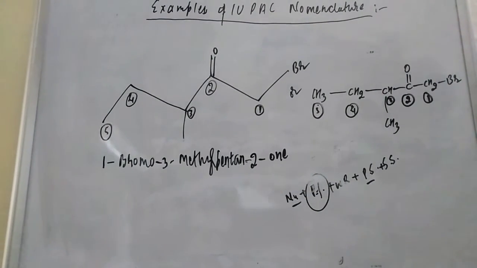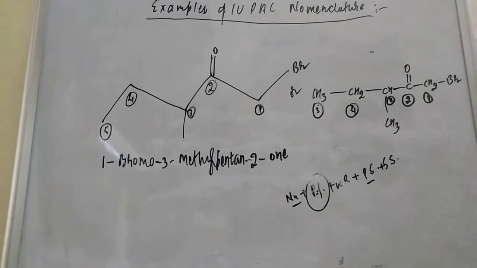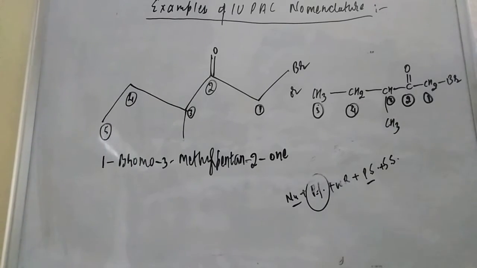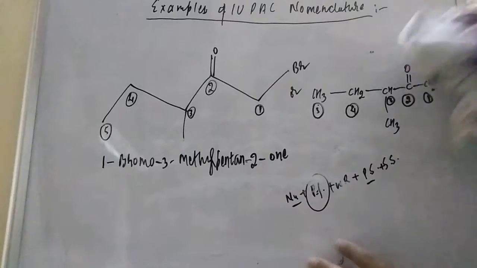Now we can move to writing the names of other compounds also, student, and we will try the names of some compounds which will be helpful to you. Let us write the names of some important compounds.